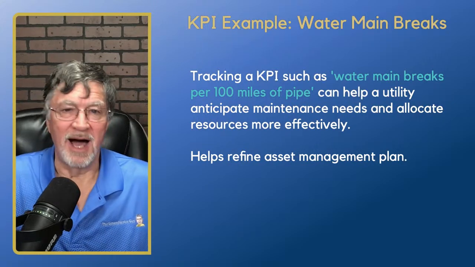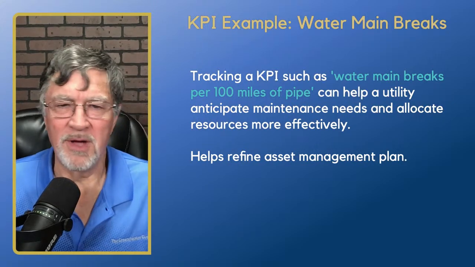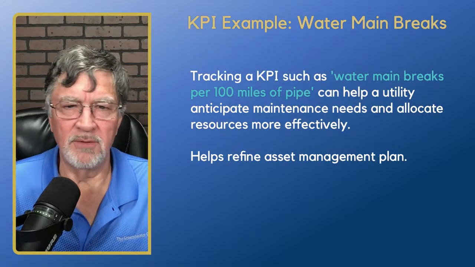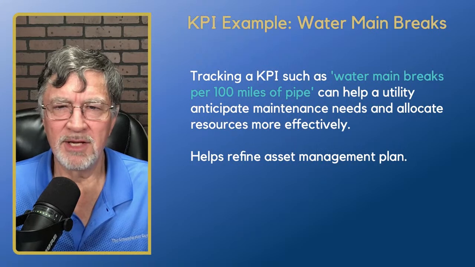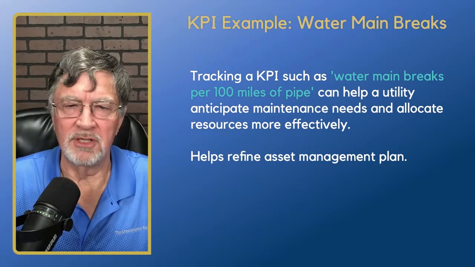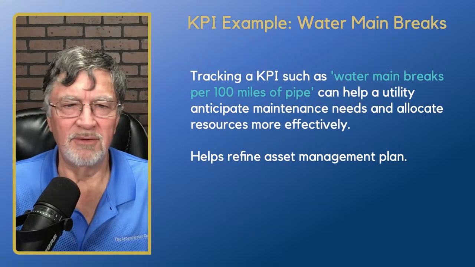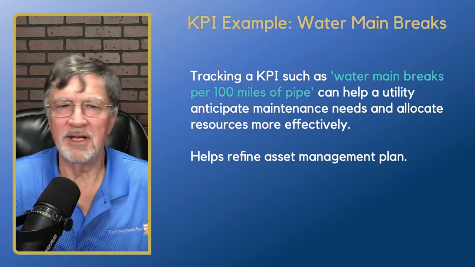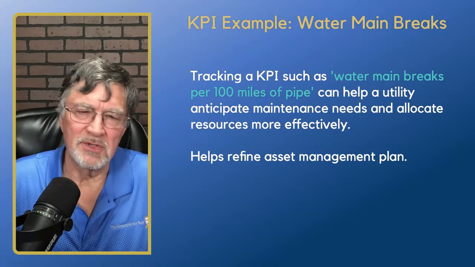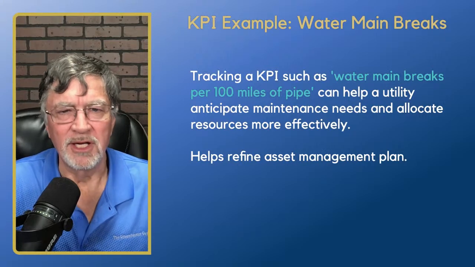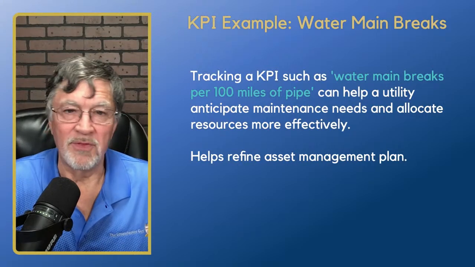You can dial this in a little bit more, and if you have pressure zones or different ages of distribution lines, you can have KPIs per section of your distribution system, and come up with custom KPIs that are going to help you dial in on things.